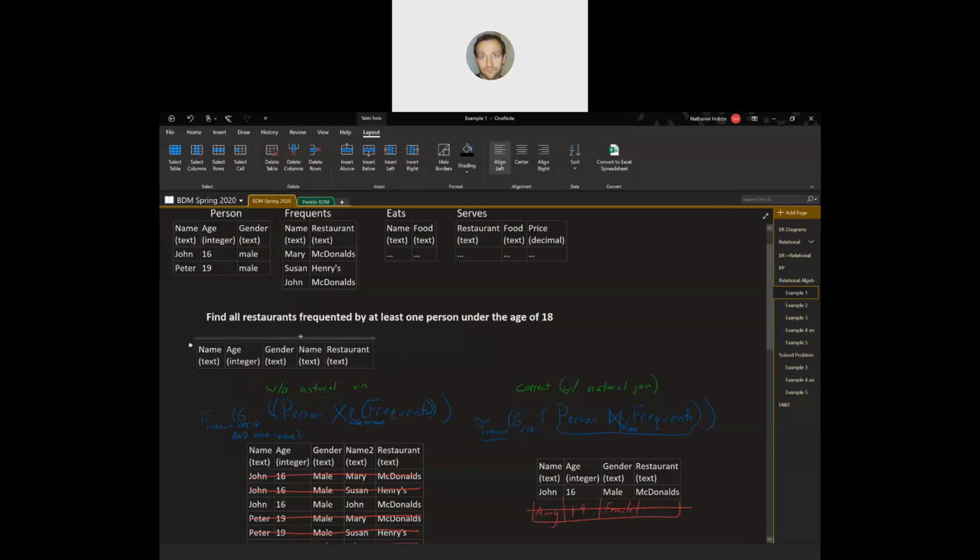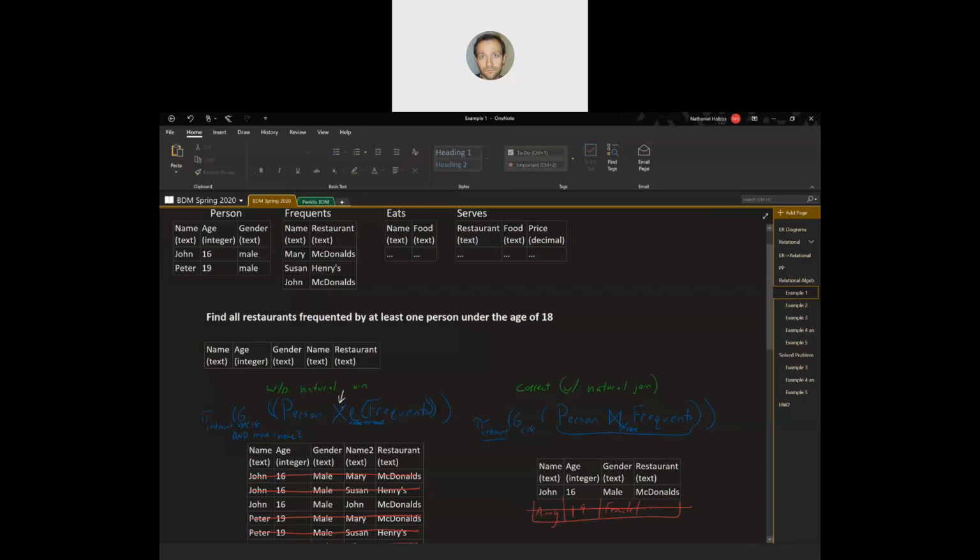Anyway, so by combining these two tables together, we're going to be creating sort of a mega table. A problem with this mega table, and this is created by the cross product here.